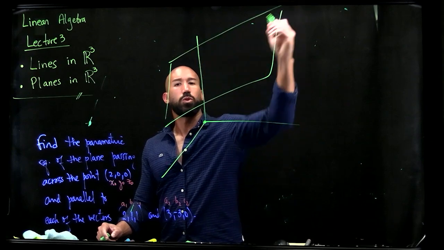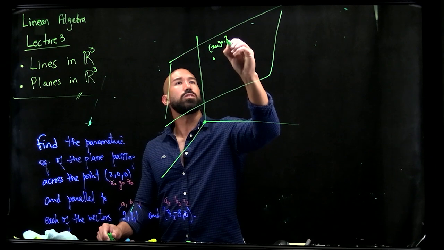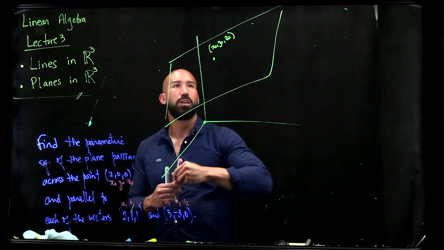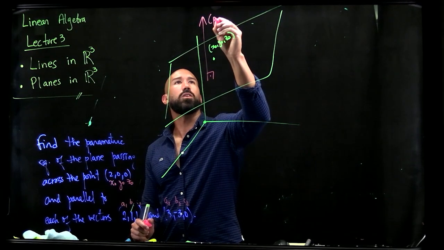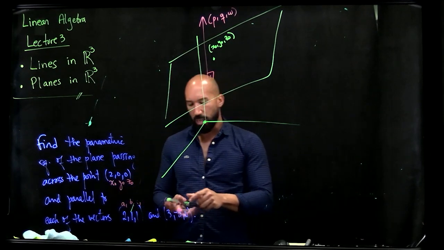We are trying to describe this plane. We know a point x0, y0, z0. And we have a vector that is orthogonal to our plane. Let me call it P, Q, W.